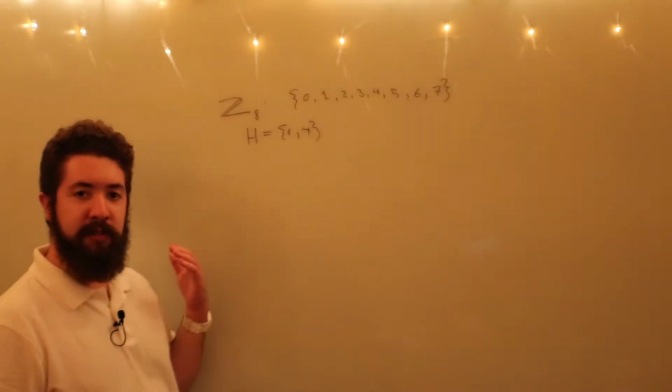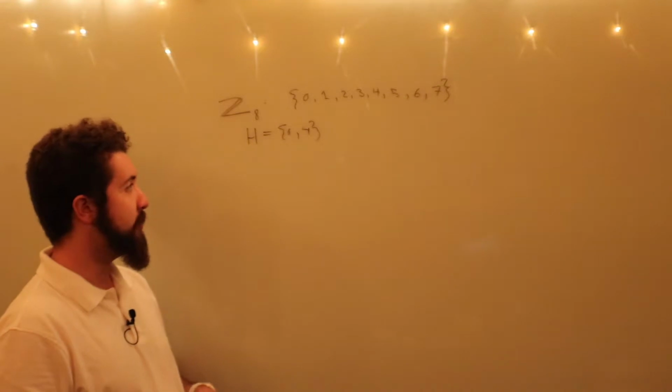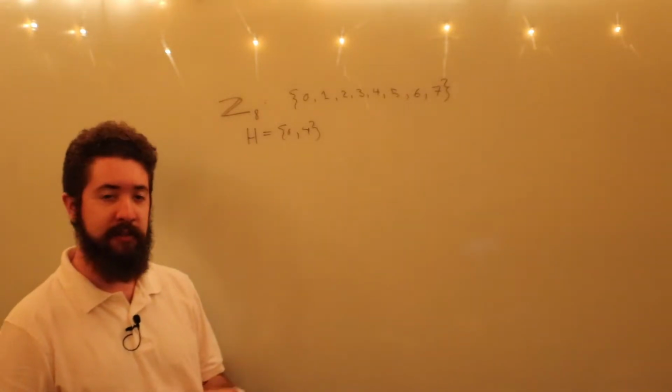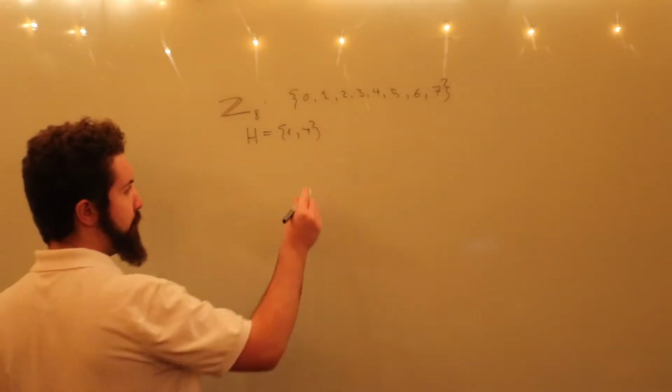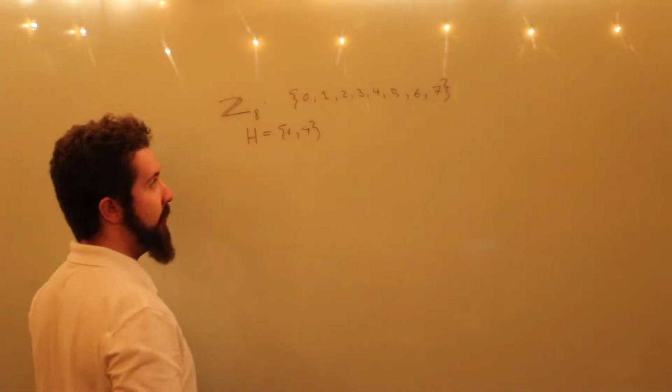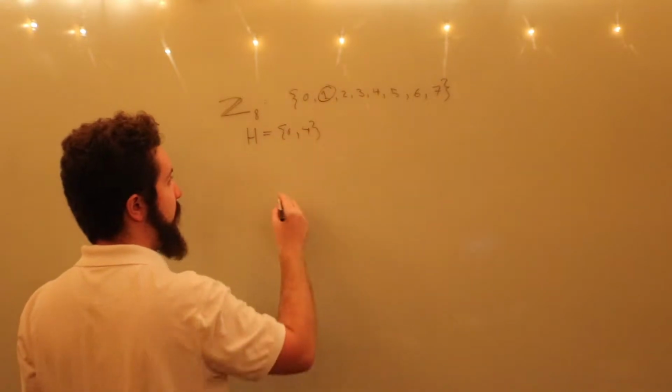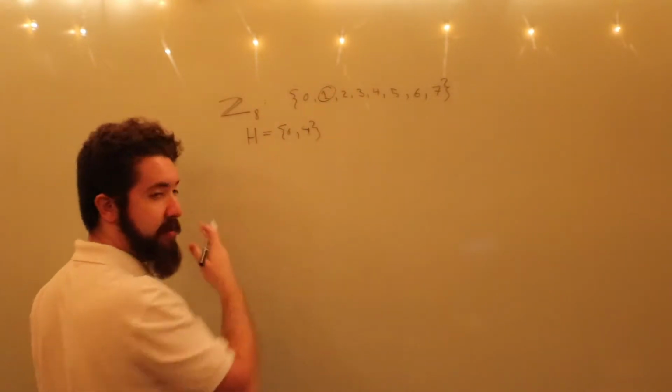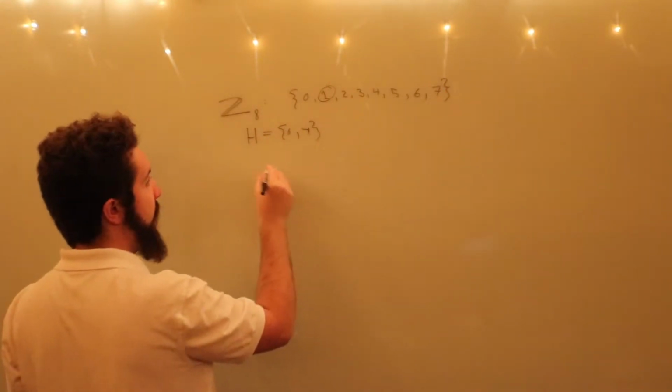And what we want to do is form cosets. Let's just restrict ourselves right now to left cosets. Alright, so what we want to do is take some arbitrary element, how about 1 for the moment, and we're going to add it to every element of H to form a coset, right?